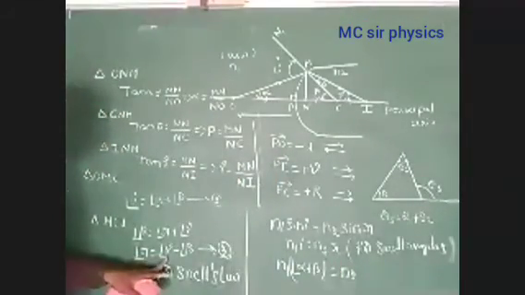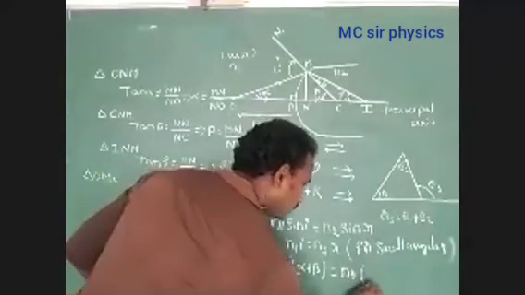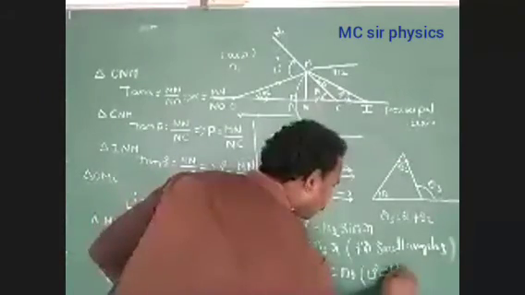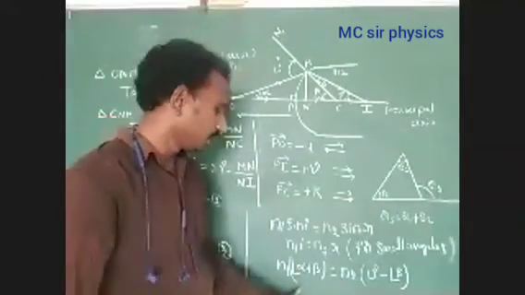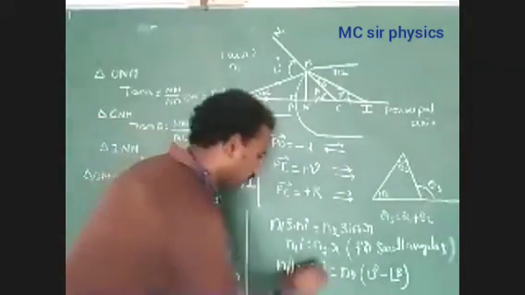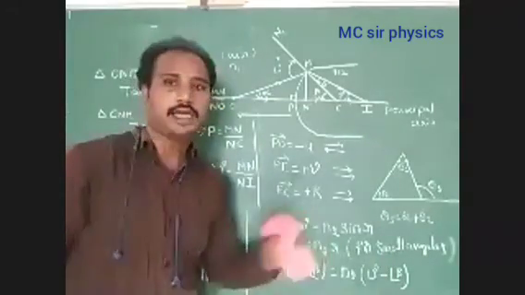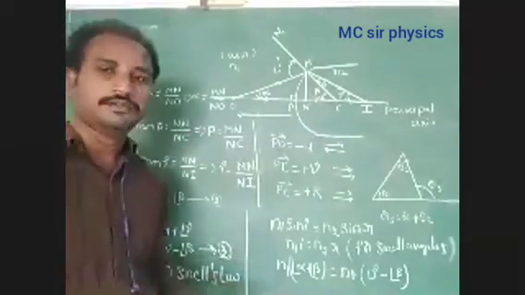Angle r equals angle gamma minus angle beta. So this is one condition: n1 of (angle alpha plus angle beta) equals n2 of (angle gamma minus angle beta). Note down these points. Next we have to continue that derivation.